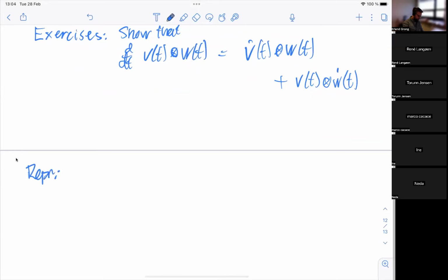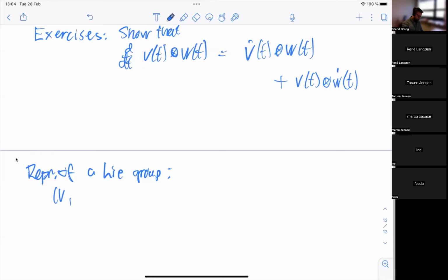So for representations of a Lie group, this is very similar to what we did with the direct sum.